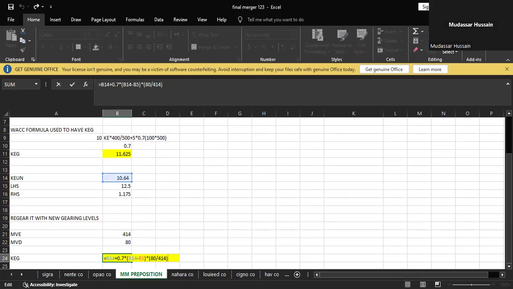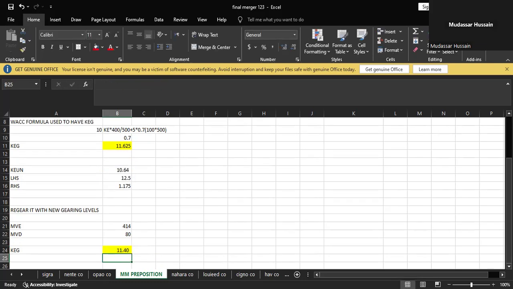Now apply this formula. What was that? Cost of equity of geared company is equal to cost of equity of ungeared company. The ungeared we have found, that is 10.64 into 1 minus t, that is 0.7, again the cost of ungeared company, that is 10.64 minus Kd, which was 5, and the new gearing levels are 80 over 414. So we are finding the same answer as we produced on the whiteboard.